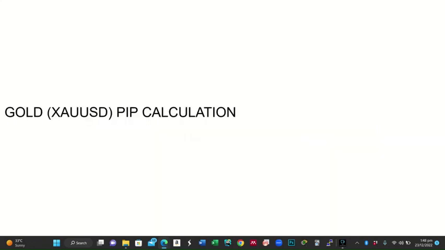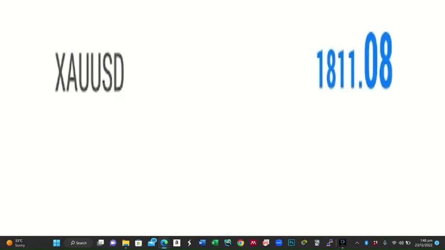Now let's move to gold pip calculation. For most brokers, some of them will write it as gold, but mostly you'll be seeing it as XAUUSD. So XAUUSD here, its current market price is at 1811.08. That is the present value for gold.